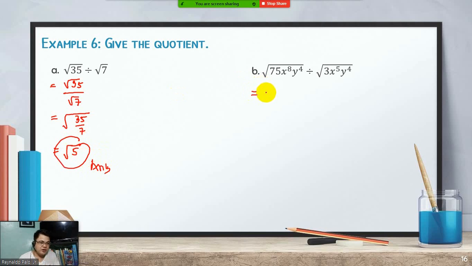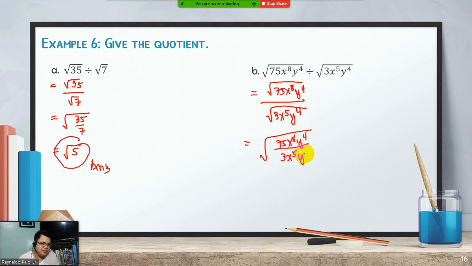Next, here, we can write this as square root of 75 x raised to the 8th power y raised to the 4th power over square root of 3x raised to the 5th power y raised to the 4th power. Quotient rule, this will become 75 x raised to the 8th power y raised to the 4th power over 3x raised to the 5th power y raised to the 4th power.